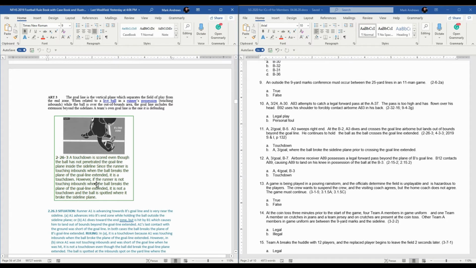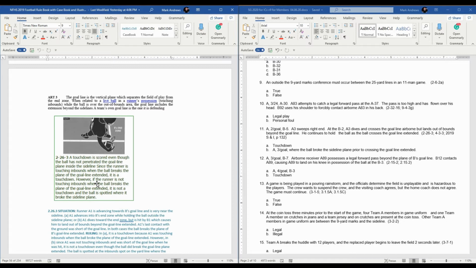Okay, so that second part is what we have here. And you flank officials, this is one of the toughest calls we make. And we want to be standing back 6 feet away from that pylon and really watching when the ball crosses the goal line or the goal line extended and what the runner's position is.